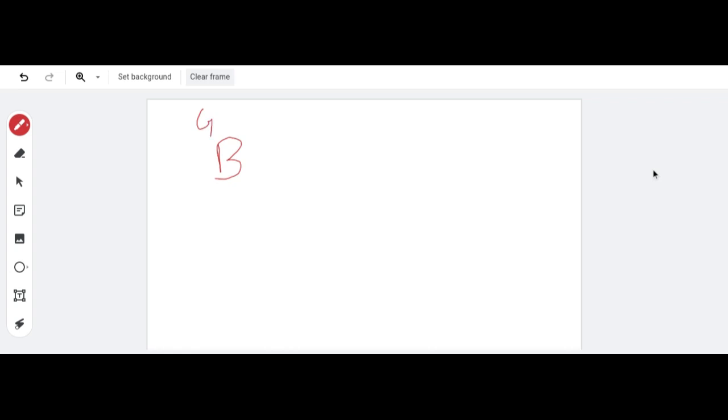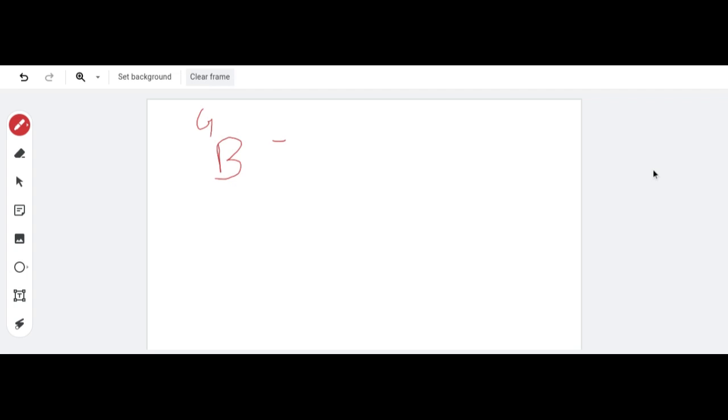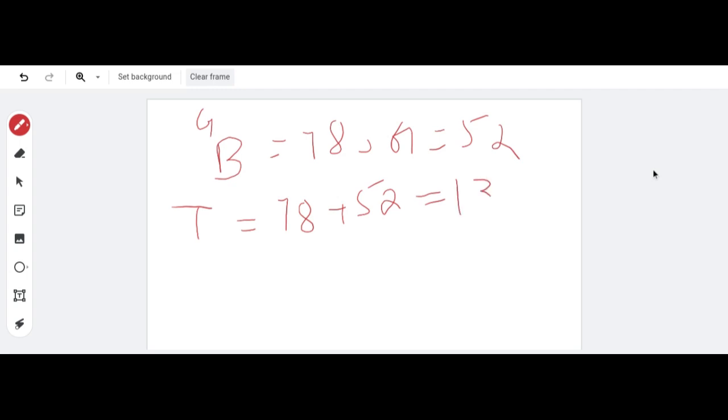So the boys for the GH school. For the GH school, boys are 78, girls are 52. So total 78 plus 52. What is the total? Can you give me the total? Yeah, it's 130. So what do you think about the ST school?